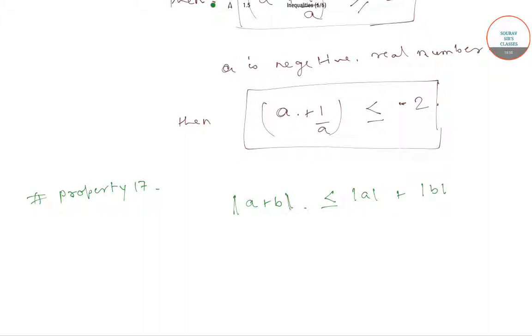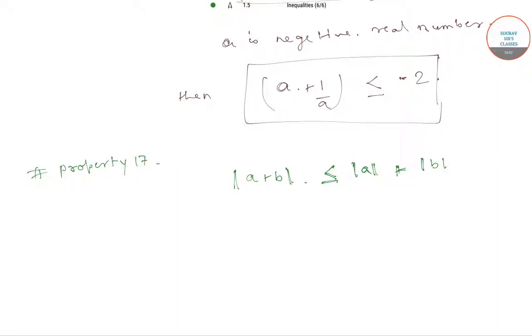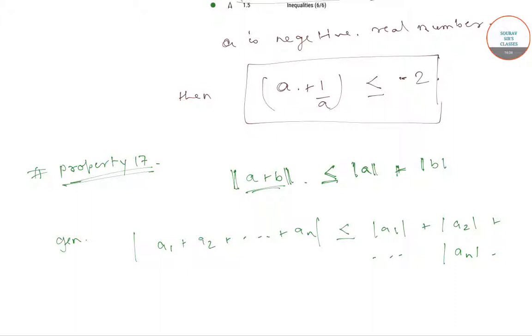Generally we can write it as: mod of a1 plus a2 plus so on till an is less than or equal to mod of a1 plus mod of a2 plus so on till mod of an. So the 17th property is that mod of a plus b is less than or equal to mod of a plus mod of b.